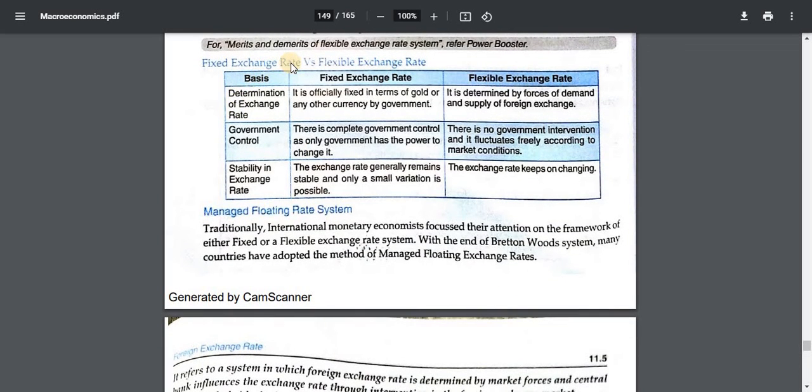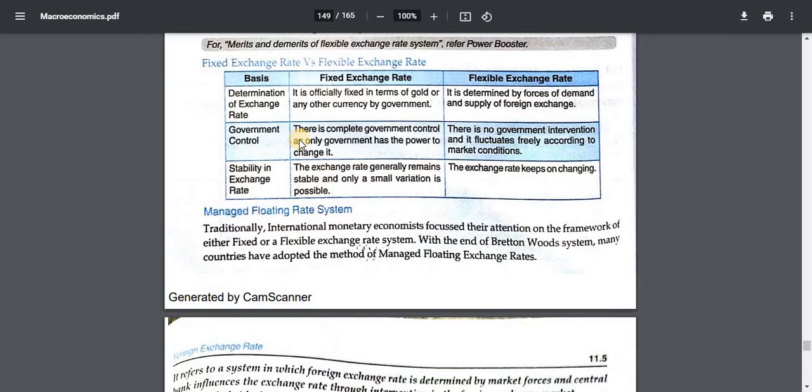Fixed exchange rate versus flexible exchange rate. Basis: determination of exchange rate. In a fixed system, it is officially fixed in terms of gold or any other currency by the government. In a flexible system, it is determined by forces of demand and supply of foreign exchange.